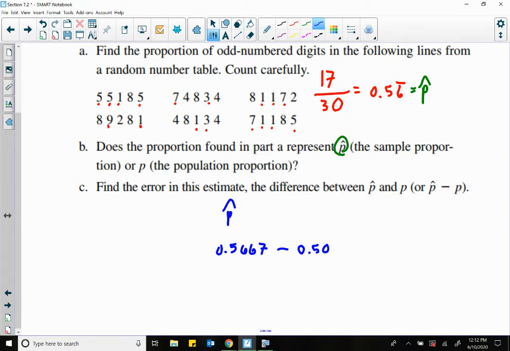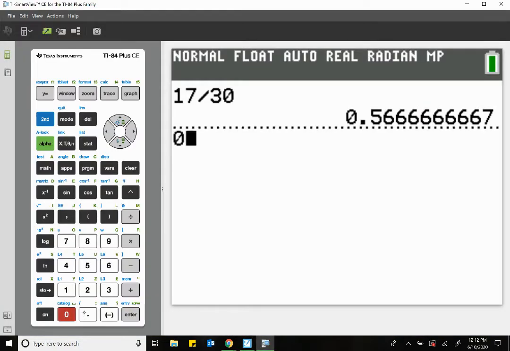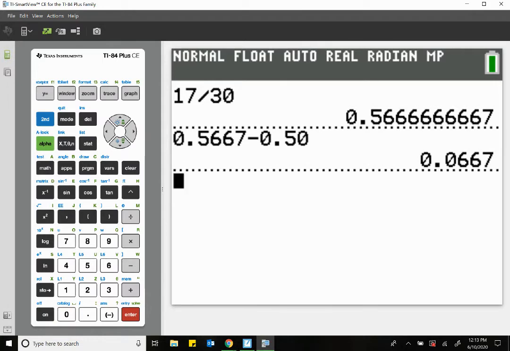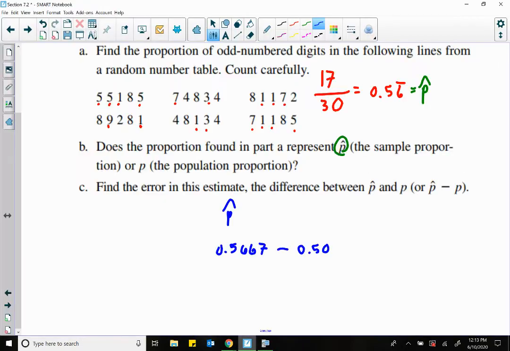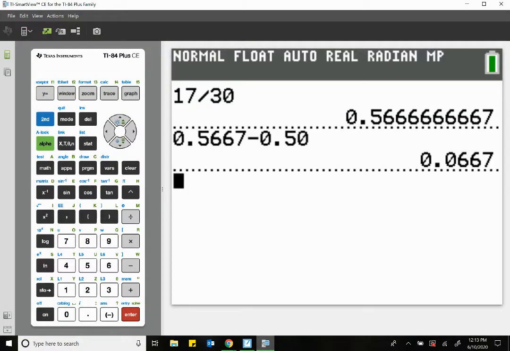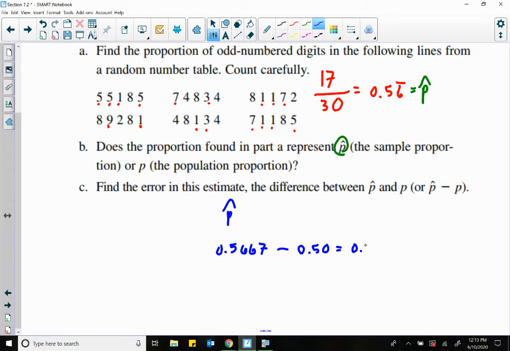So you just go to your calculator. 0.5667 minus 0.50, and we get 0.0667. So that is equal to 0.067. And there you go.